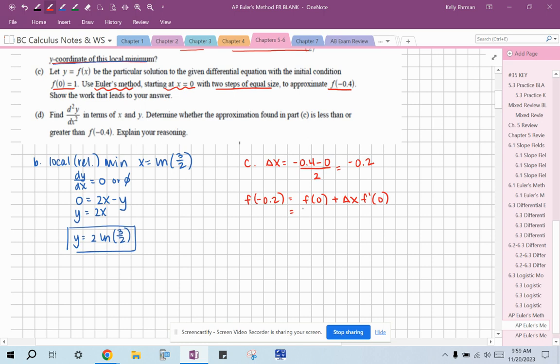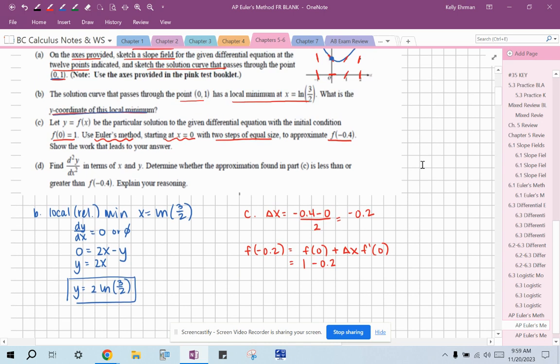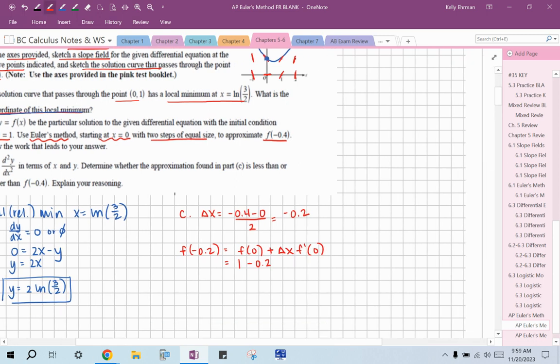All right, they gave us f of 0, it's 1, plus delta x is really minus 0.2. And then f prime of 0, so we need to find f prime of 0. So off to the side here, f prime of 0, remember that's the point 0, 1. So our equation is 2 times x minus y.